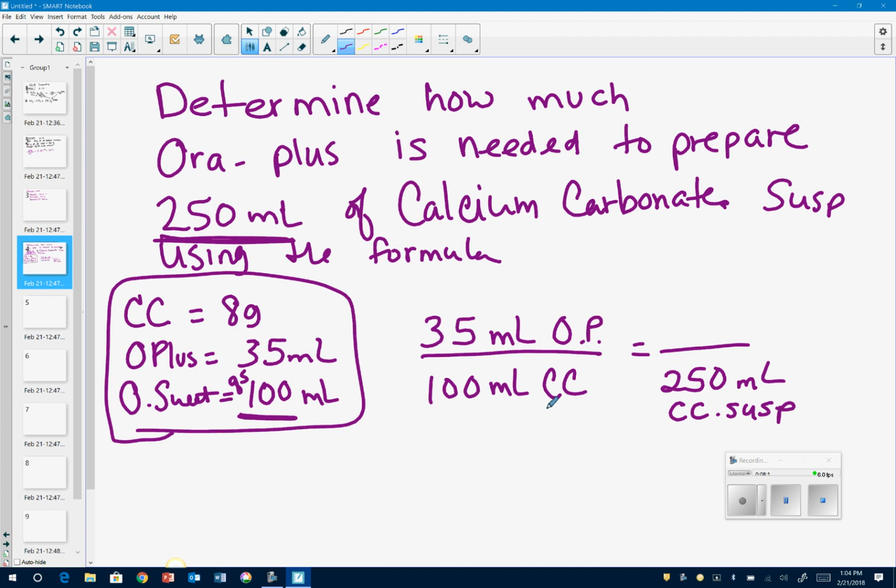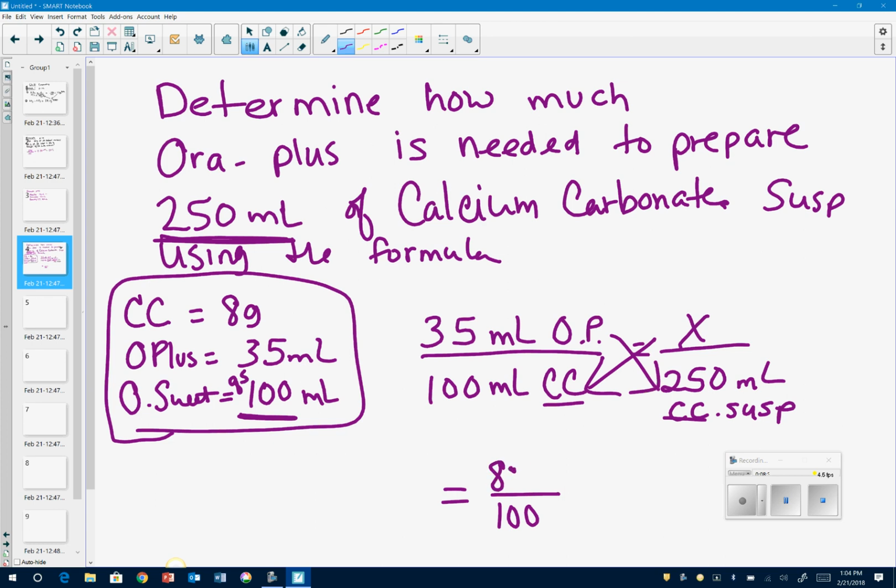Okay, so we have both the calcium carbonate suspensions on the bottom, and what we're going to do is cross multiply. Whatever you multiply the x by always goes on the bottom. 100 times x. And then you'll take 35 times 250.